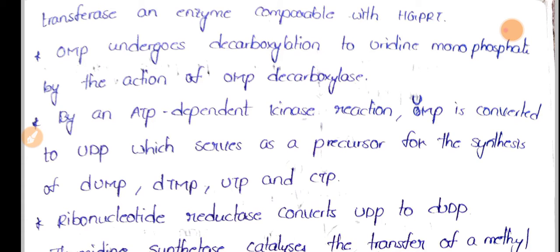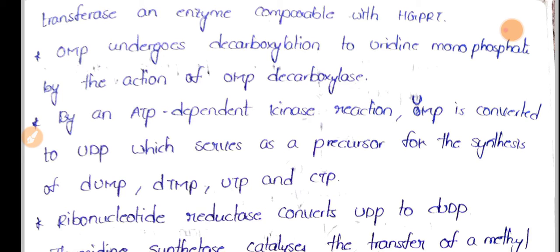Next, a kinase enzyme, and kinase means always ATP dependent enzymes, converts uridine monophosphate into uridine diphosphate. Uridine diphosphate is a precursor for pyrimidines, like inosine monophosphate being the precursor for the purines.